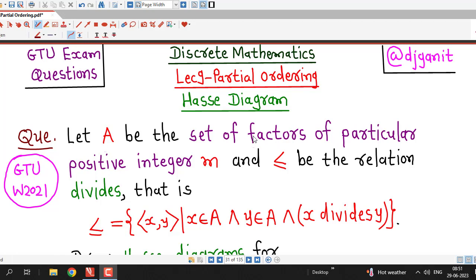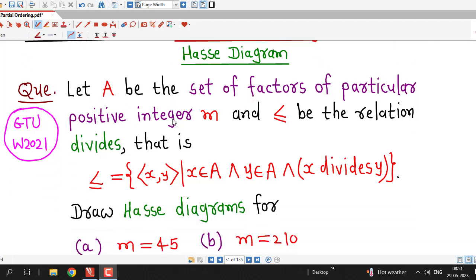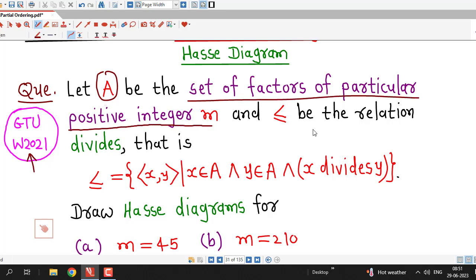In this lecture also we will discuss one more question on hash diagram, and this question was asked in the GTU Winter 2021 exam. First we see what this question is. Let A be the set of factors of a particular positive integer m, and let less than or equal to be the relation divides.